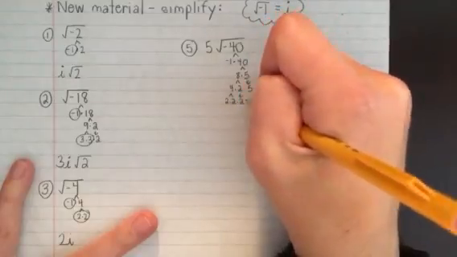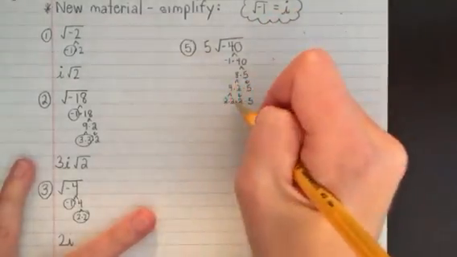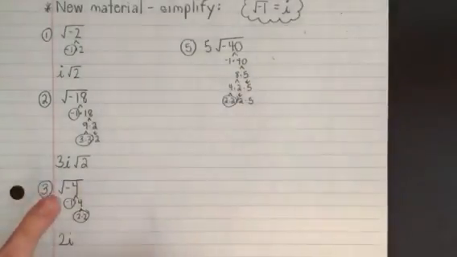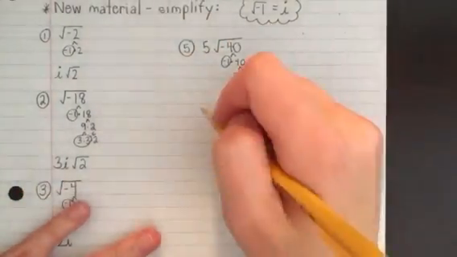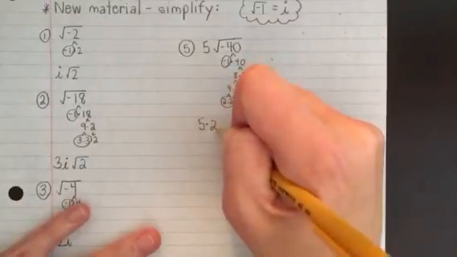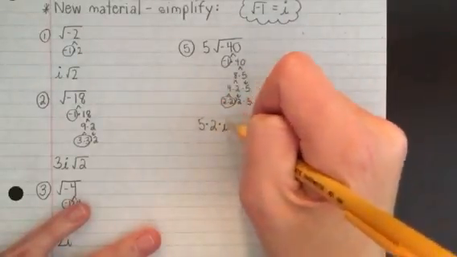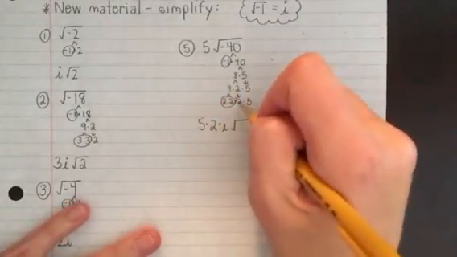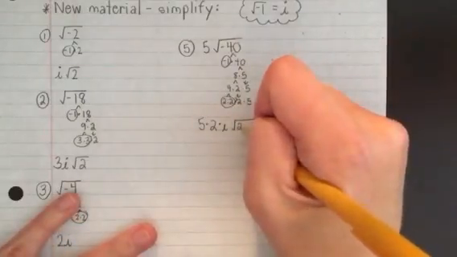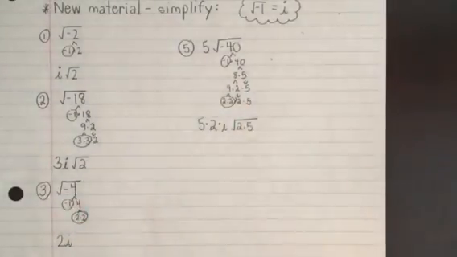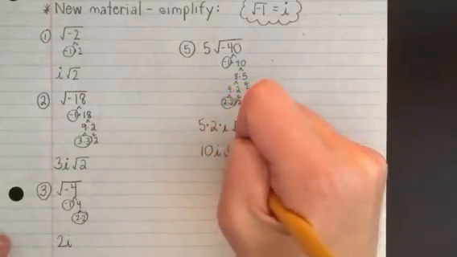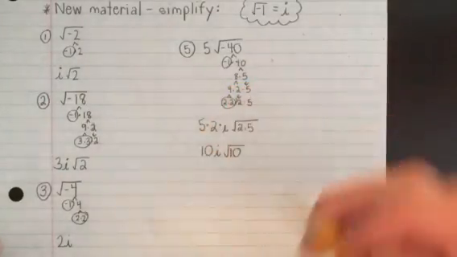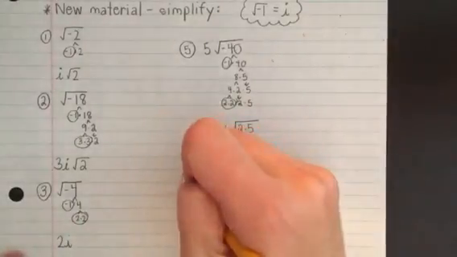Drag down the 2, drag down the 5. We have a set of 2's and the -1. We've already got a 5 on the outside, so it'd be 5 times 2 times that I square root 2 times 5 left on the inside. To simplify this, 5 times 2 is 10I. 2 times 5 is also 10, so 10I square root 10.